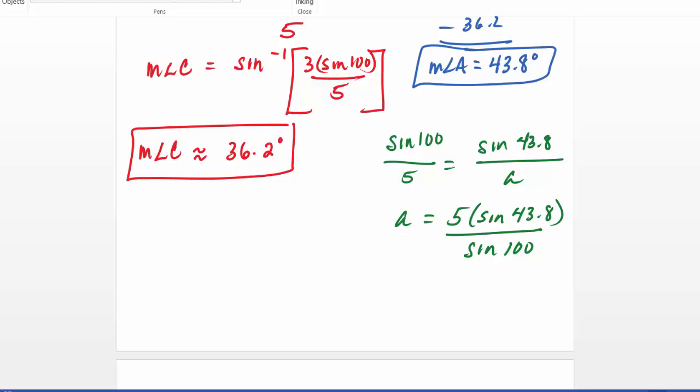Now, what I'm going to recommend to you is getting accustomed to doing all of the math and getting the variable that you're looking for to one side by itself. And once you get it to this stage, then at that point, plug all this into your calculator and get one final answer. And so I'm going to get approximately 3.5 as my length for side A.